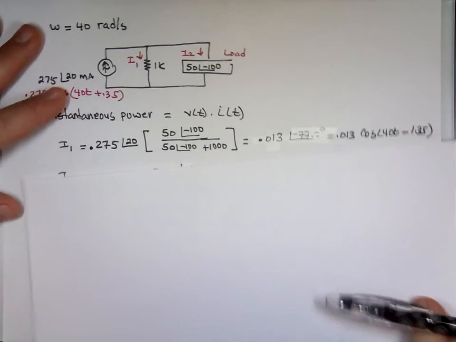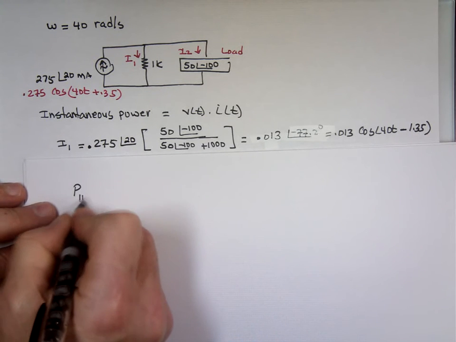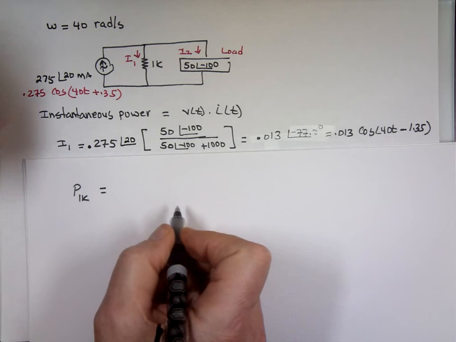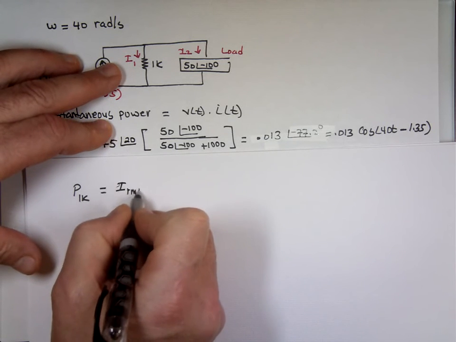So now, what is the average power delivered to the 1K and the load? Since the 1K is purely resistive, the power is going to be what? We know the current, I RMS squared times R. What is I RMS?